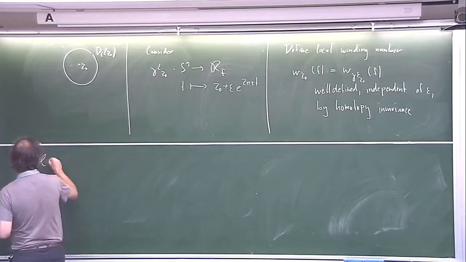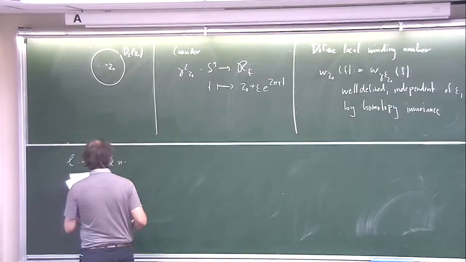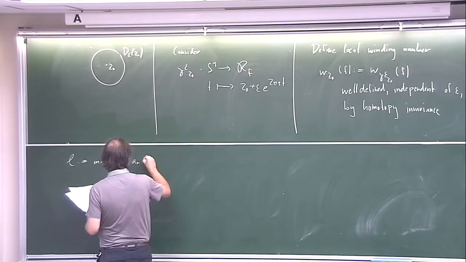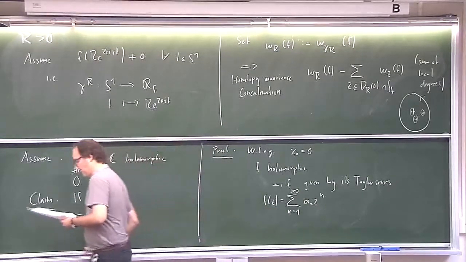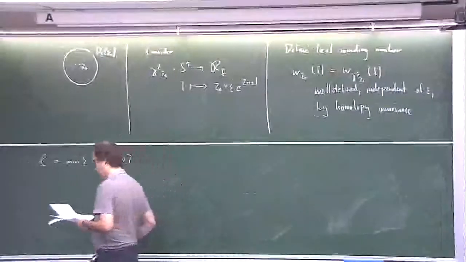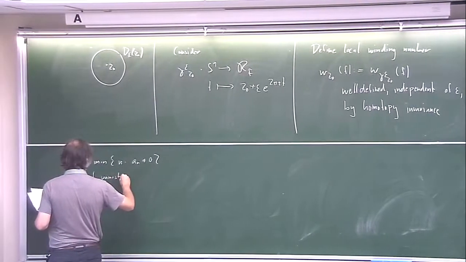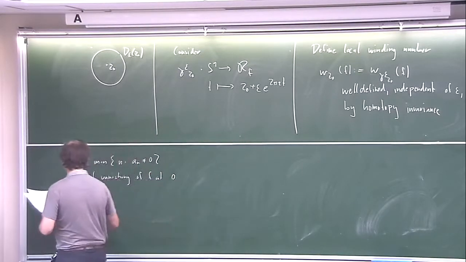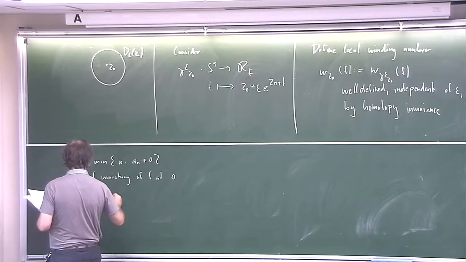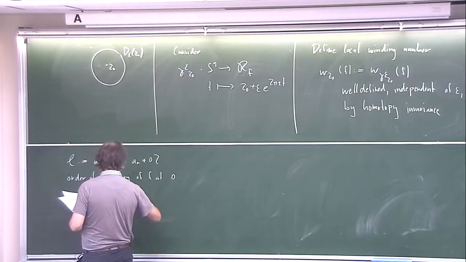Let me abbreviate by L the minimum of the first coefficient which is non-zero. So we can start here at L. This is the order of vanishing of f at 0. So we have f of z equals the sum n from L to infinity of a_n z^n.